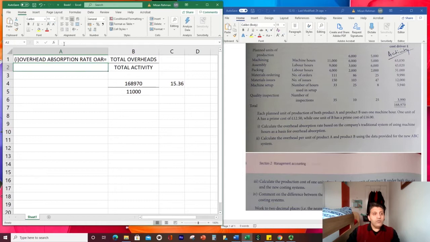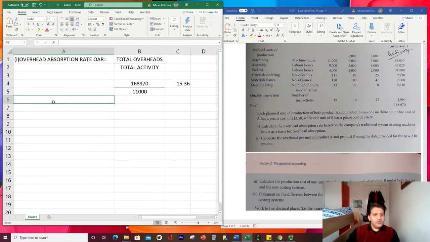So we have 1 answered, and now I'm going to answer 3, which is on absorption costing, and that is calculate the production cost of 1 unit, which is basically a cost card, building up a cost card.